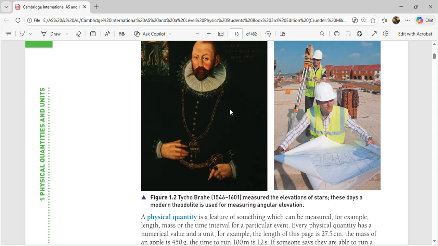Like for example, 100 seconds, so that is time. 100 is the magnitude, a numerical value, and seconds is a unit. And 27.5 centimeters. 27.5 is a numerical value, and the centimeters is a unit of which physical quantity? That's length.